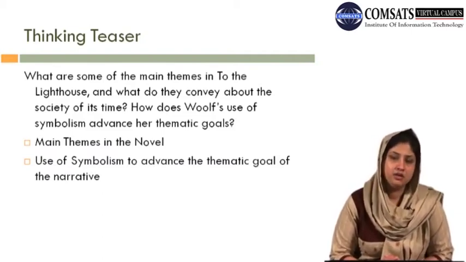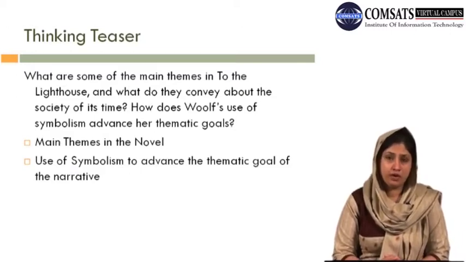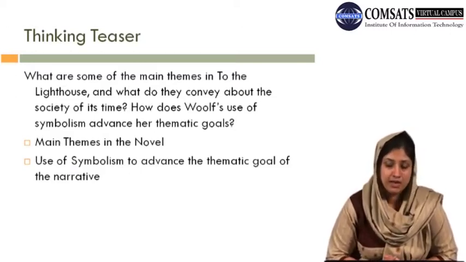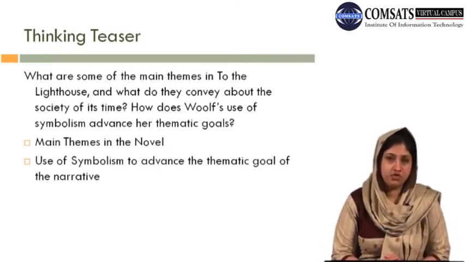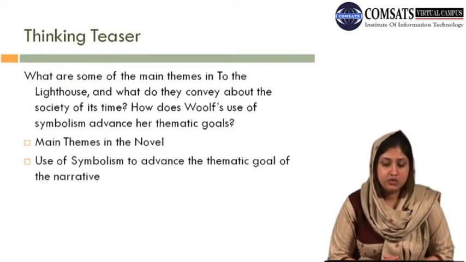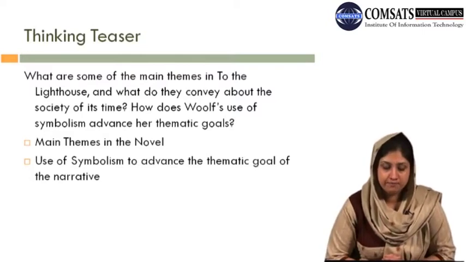And how does Virginia Woolf, being a famous writer of her own time, the 20th century, and known as the mother of stream of consciousness, use symbolism to advance her thematic goals?